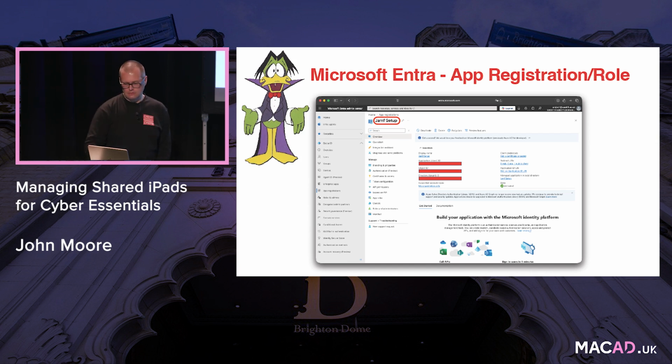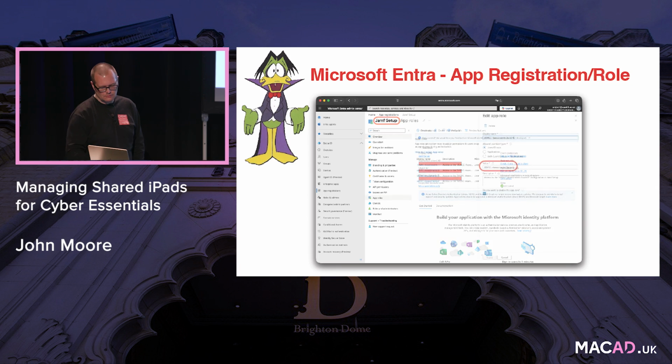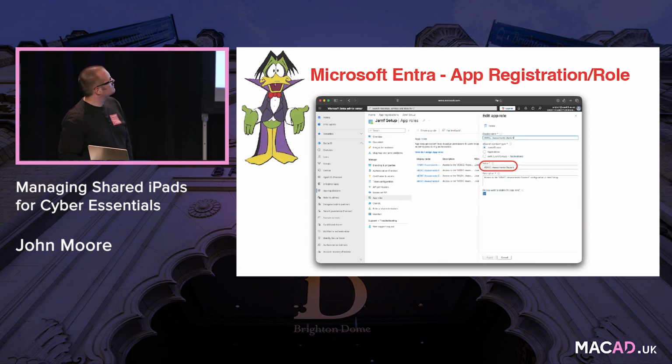Then you do app registration to create the roles. And these should correspond with each Jamf Setup configuration. So again, Jamf assessment student, and you can see the other ones in the background. No spaces allowed, so you need to use hyphens if you want to separate the words.